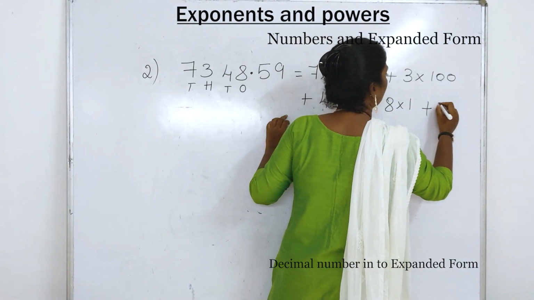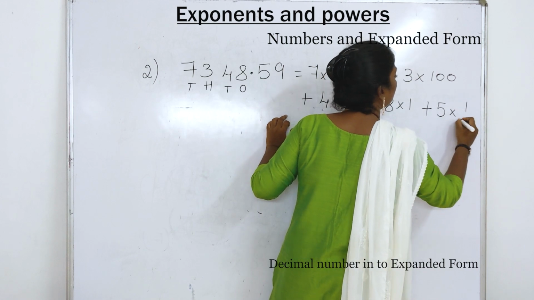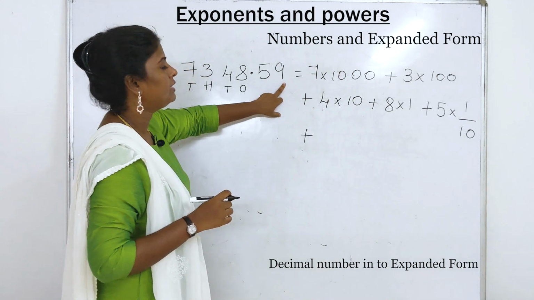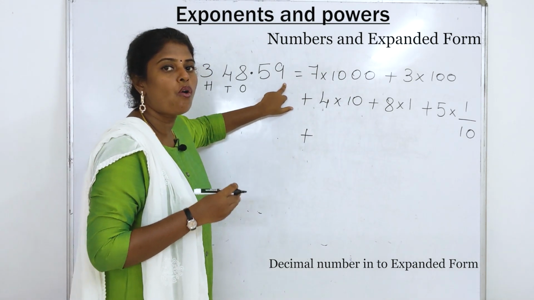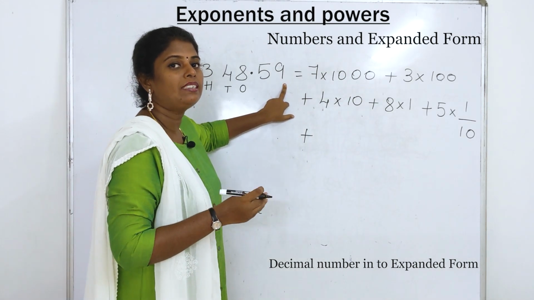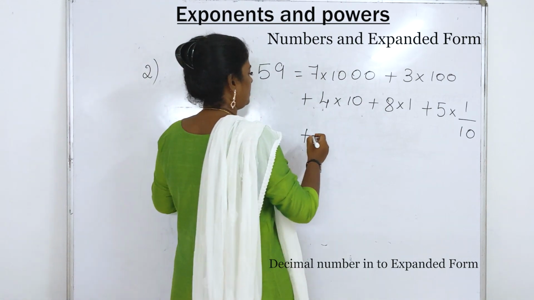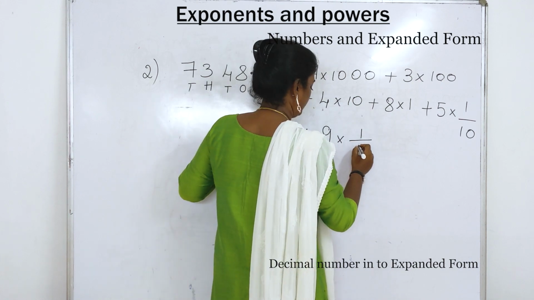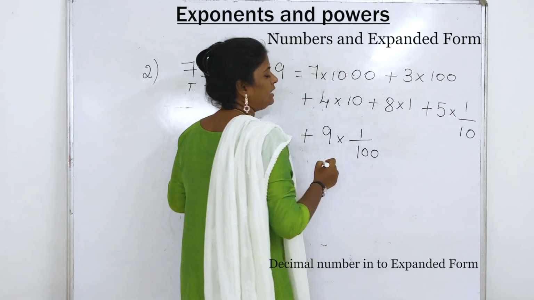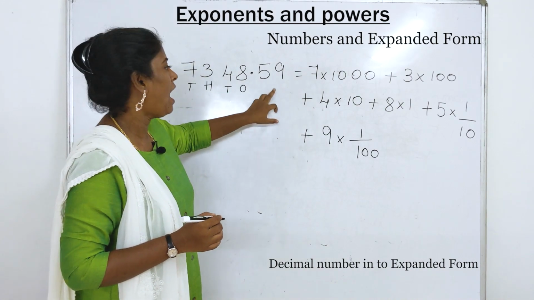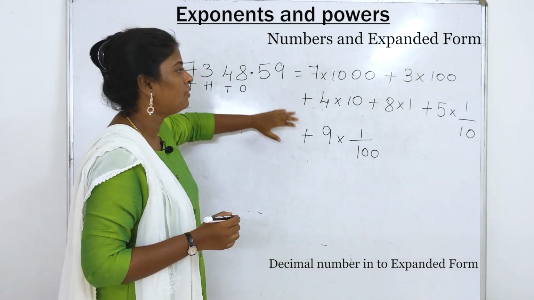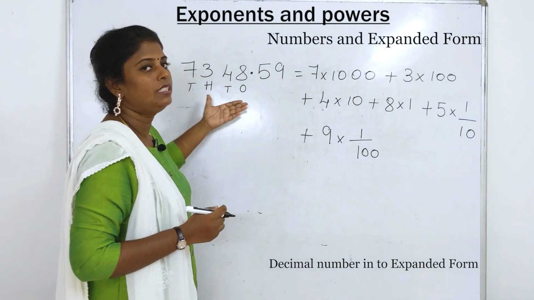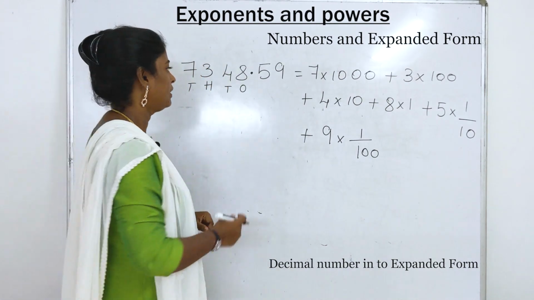So 5 into 1/10, plus 9 is in the position of the 1/100th place, 9 into 1/100, the hundredths place. So this is the way you have to expand the given decimal number.